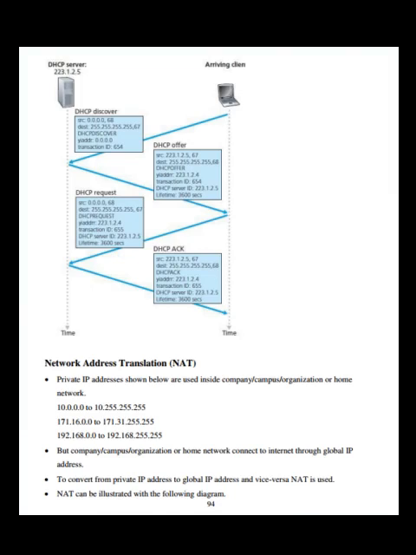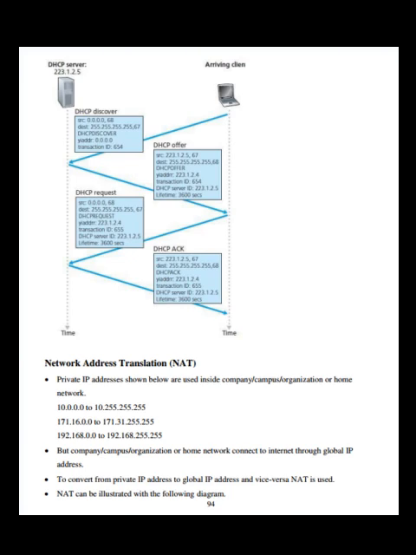Network address translation, NAT. Private IP addresses shown below are used inside a company, campus, organization or home network: 10.0.0.0 to 10.255.255.255, 172.16.0.0 to 172.31.255.255, and 192.168.0.0 to 192.168.255.255.